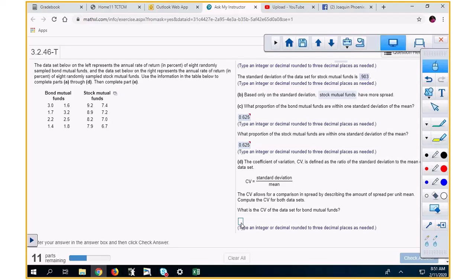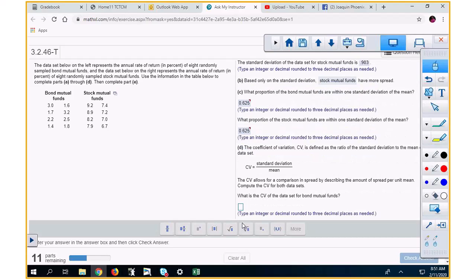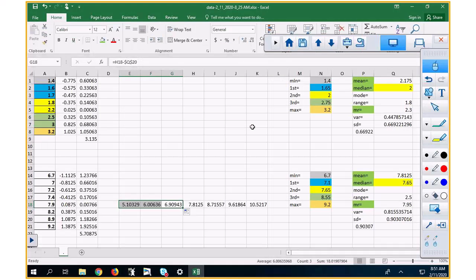Somebody do that with your calculator and give me the first group, because I'm assuming they want the first and the second group. So somebody give me 3 decimal places of the first standard deviation divided by the mean. I'll just go over here and do it, because y'all not going to communicate with me. So equals the standard deviation divided by the mean.